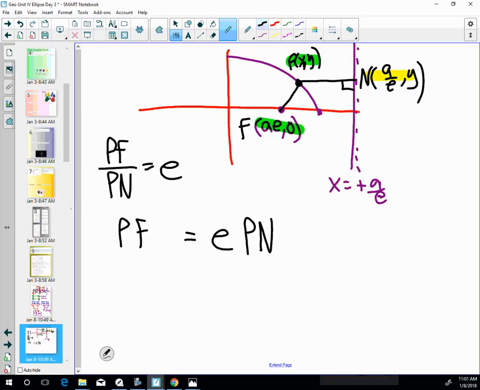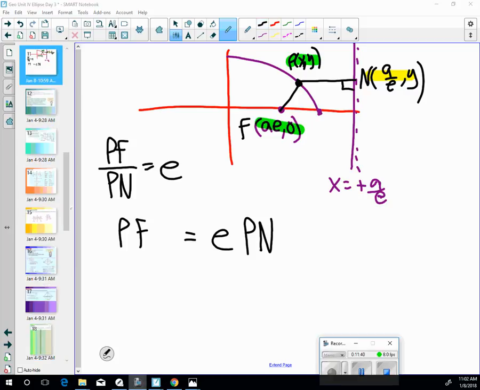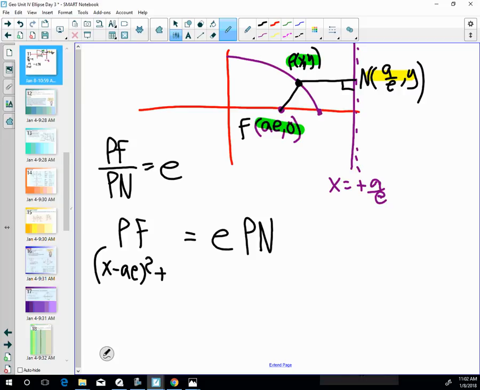Now, would you use your mathematical skills, find the distance formula P to F, use the distance formula to find P to N, don't forget to multiply by E, and simplify. So PF is going to be the square root of X minus AE squared plus Y minus 0 squared. E times PN is going to be X minus A over E squared plus Y minus Y, which is 0.